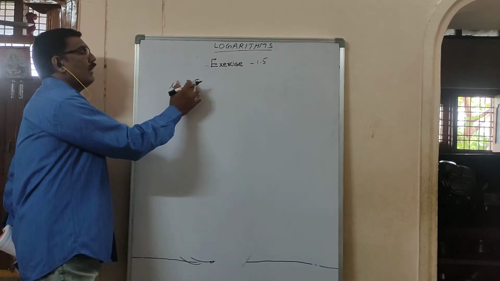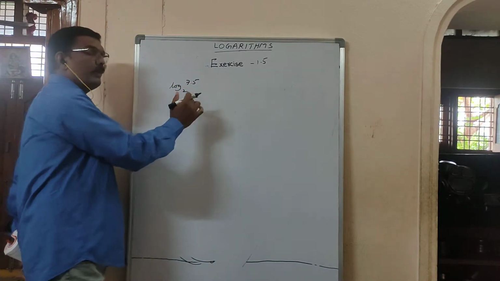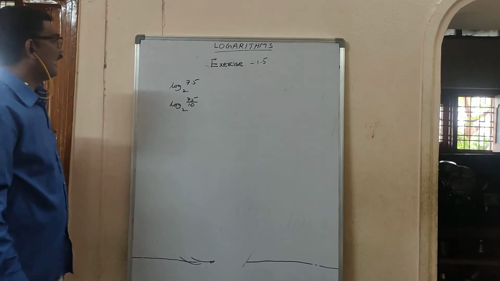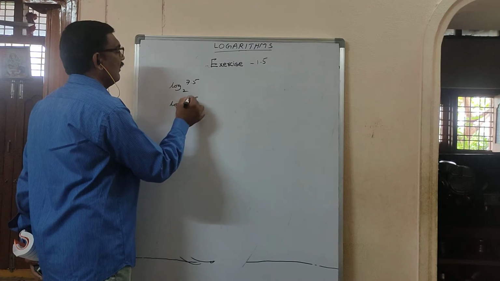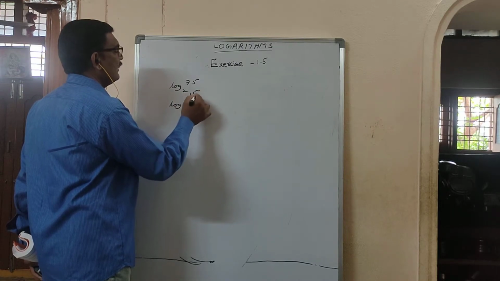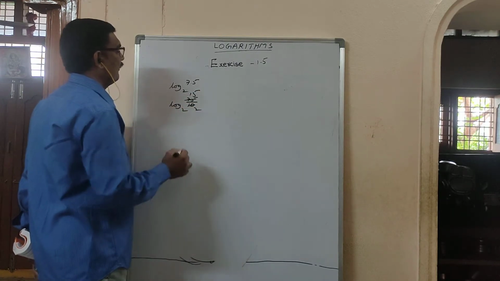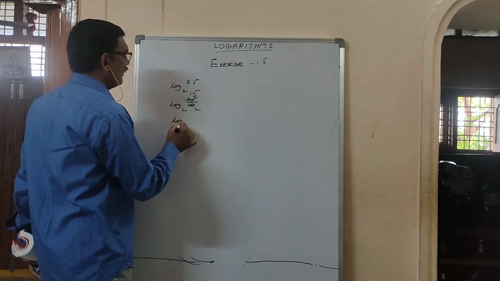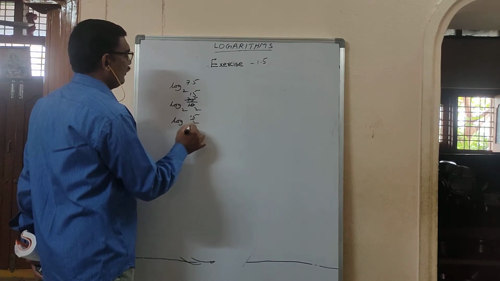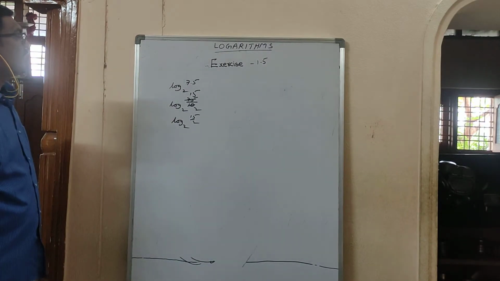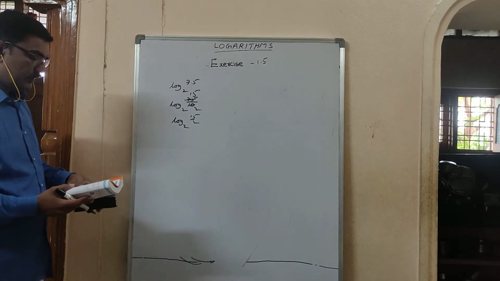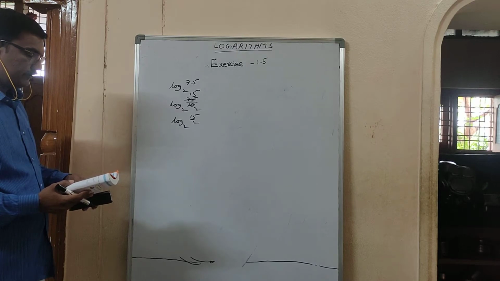After the decimal you have one digit, so you can write 75 by 10, or not? So I wrote like this, and if I cancel in the 5 table, 5 1s are 5, 5 2s are 10. You are getting log 15 by 2 to the base 2.